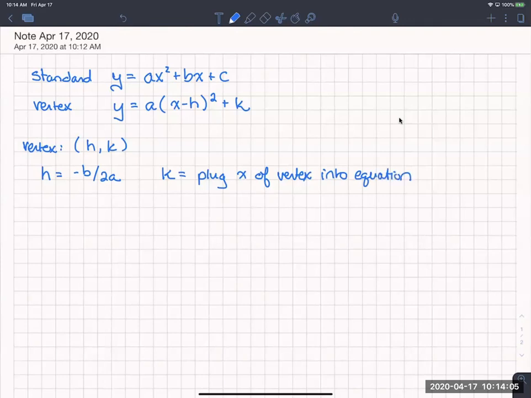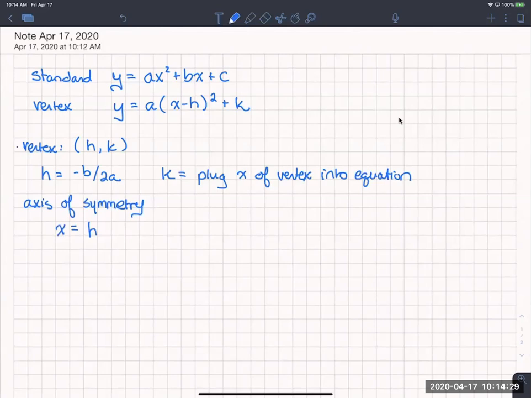Okay, then we said that if we want to know the axis of symmetry, that's the axis along which you can fold the parabola in half and one half of it will land on the other. It's given by the equation x equals the x coordinate of the vertex, right?